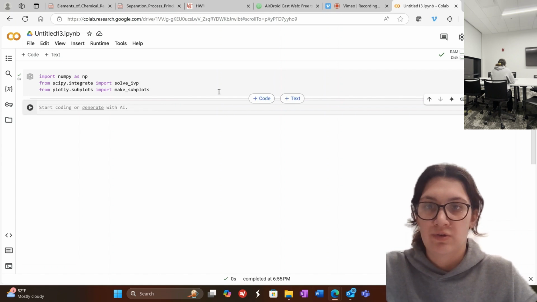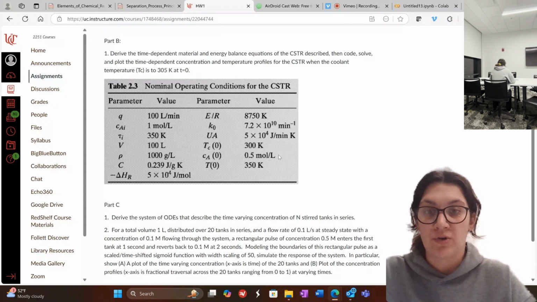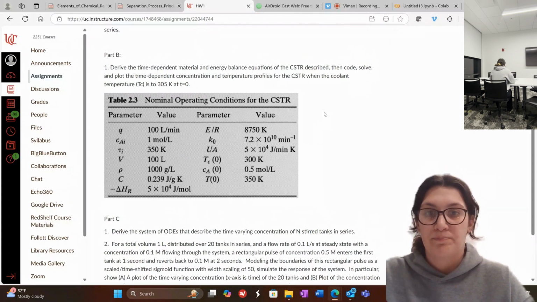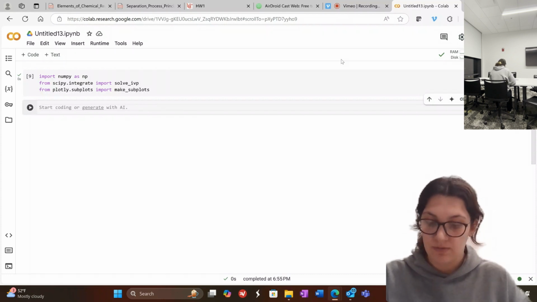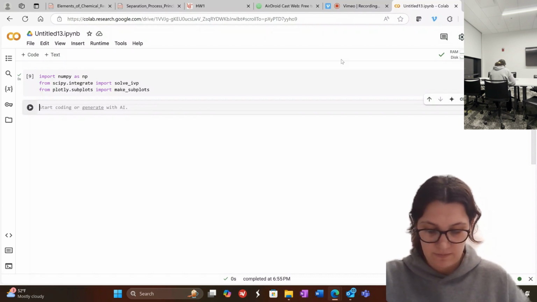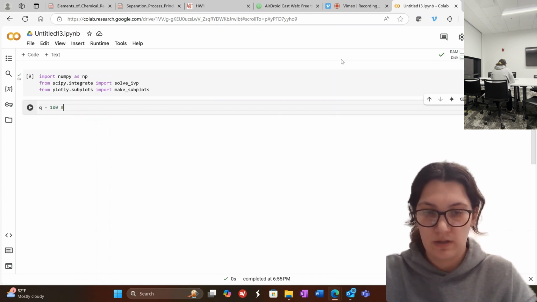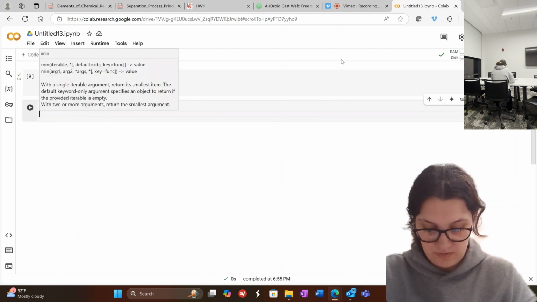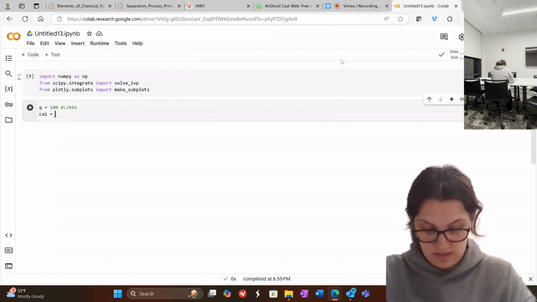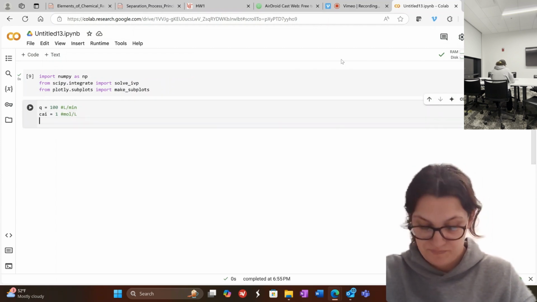Next, we are going to enter in all of these parameters that were listed in the problem statement. I have those pulled up here on my iPad so we don't have to keep switching back and forth between screens. So first, flow rate at 100 liters per minute. Concentration at 1 mole per liter.